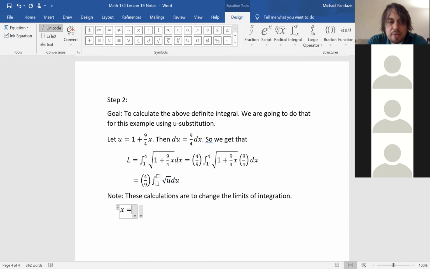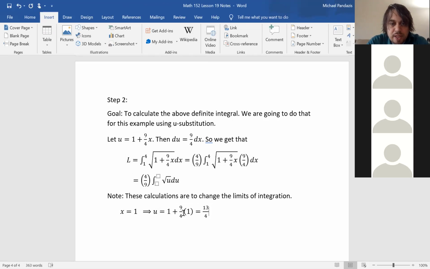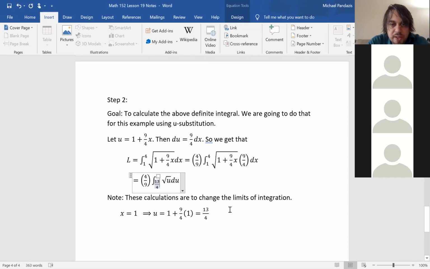So x equals 1 implies that u is equal to 1 plus 9/4 times 1, which is equal to 13/4. So u equals 13/4 there.